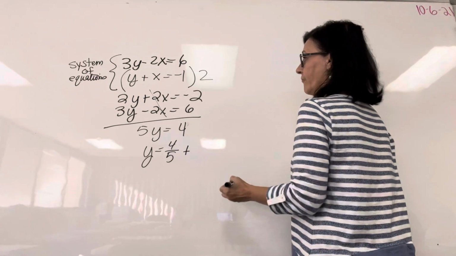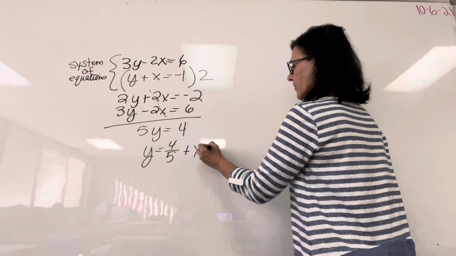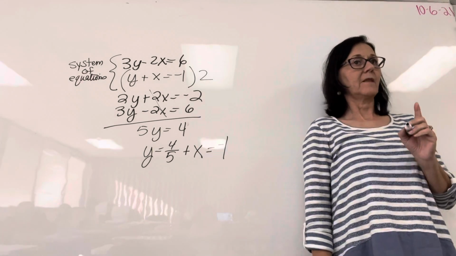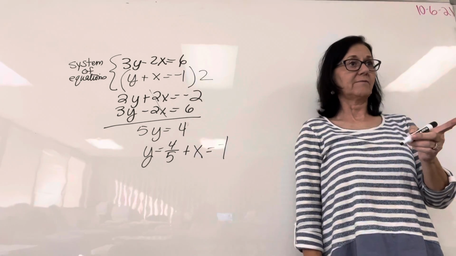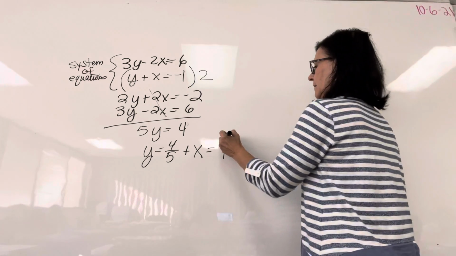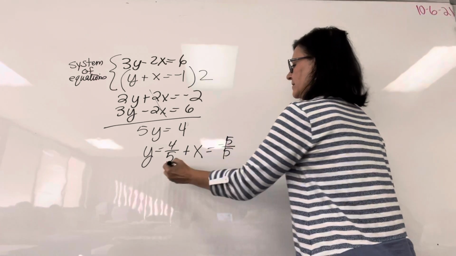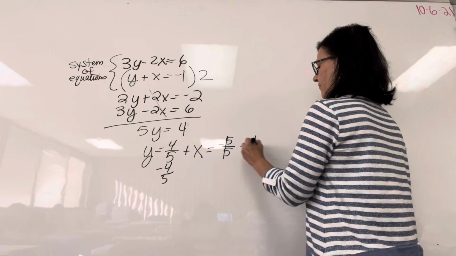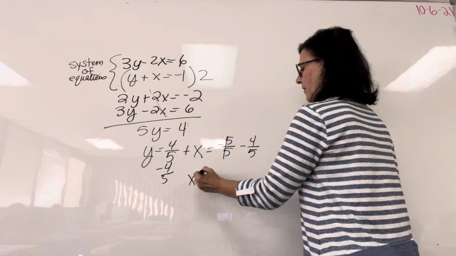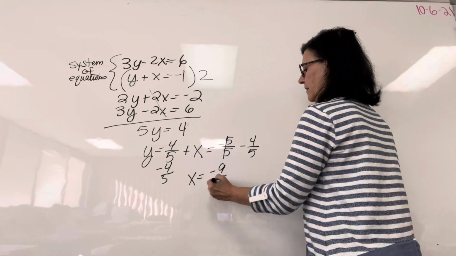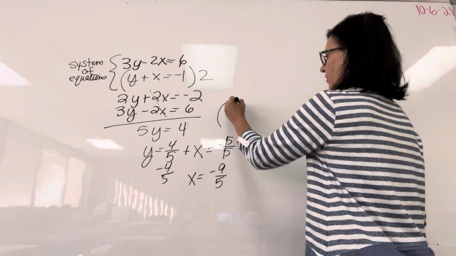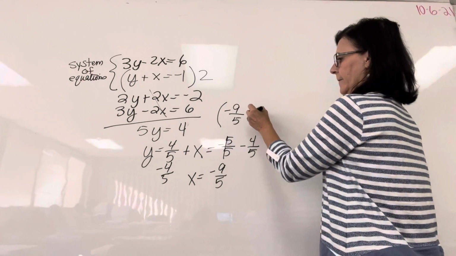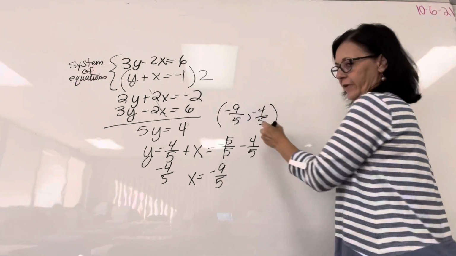So 4/5 plus the value of x gives me -1. -1 is the same thing as 5/5, right? So that's -5/5. I subtract 4/5 from both sides, and the value of x is -9/5. That point of concurrency is -9/5, comma, -4/5.